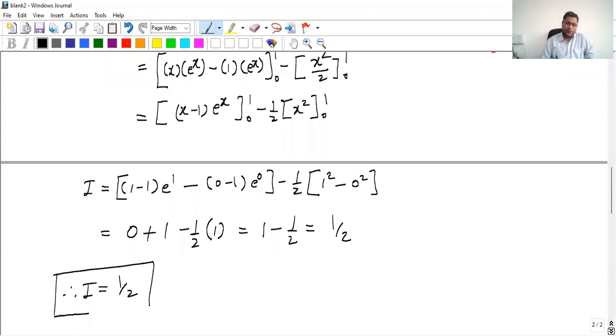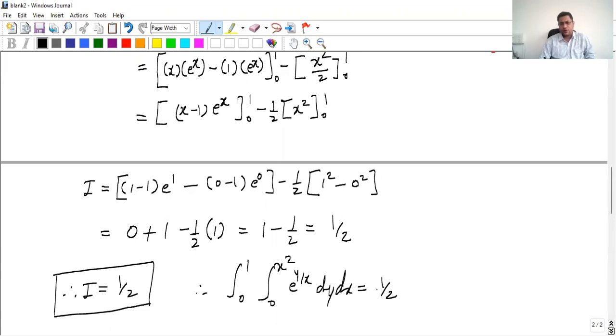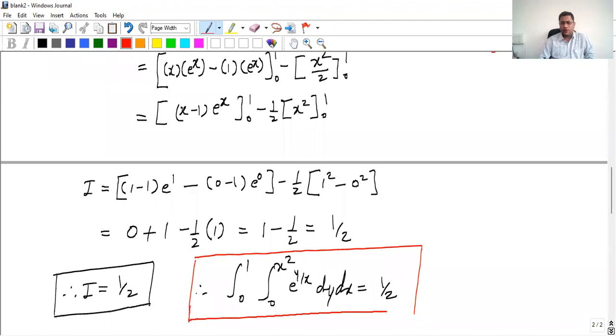So I can say the integral 0 to 1, 0 to x square, e raised to y by x, dy dx, is going to be half. Okay. So this is how we are able to solve or evaluate the multiple integral.